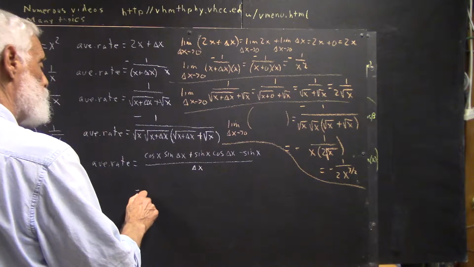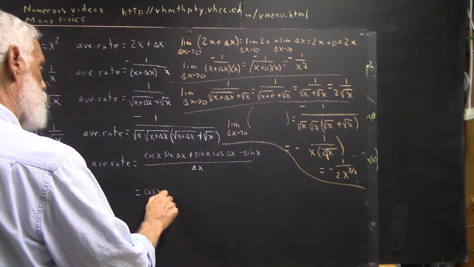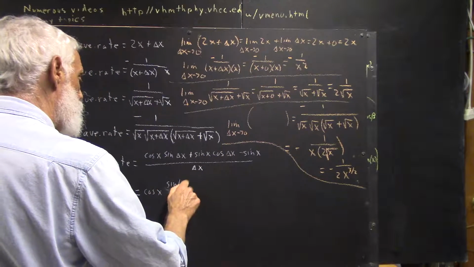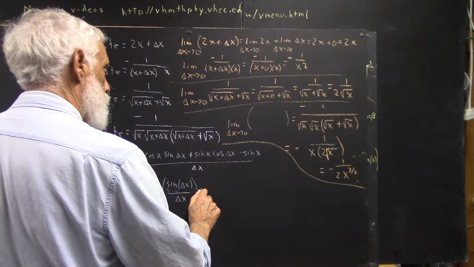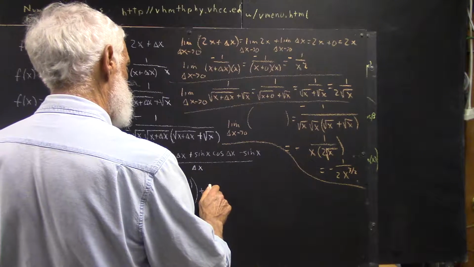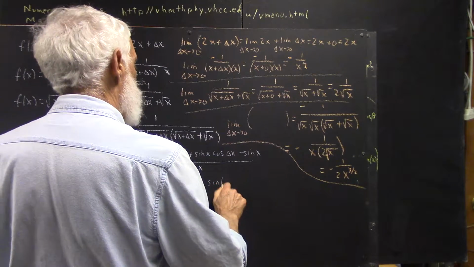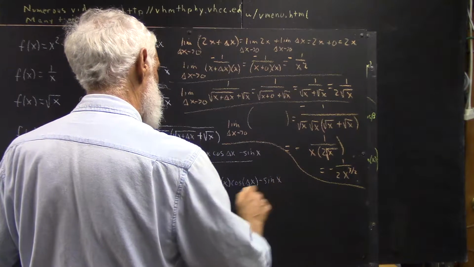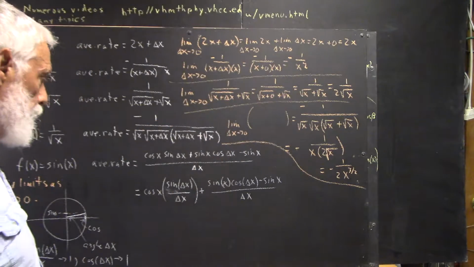So, using that, we can rewrite this as cosine of x times the sine, well, let me write it in a little better notation, sine of delta x over delta x, plus this, okay, all this over delta x.